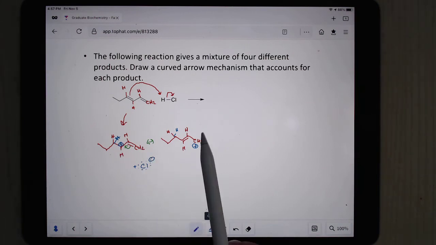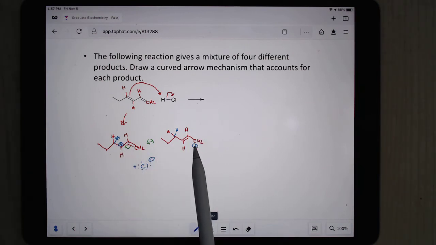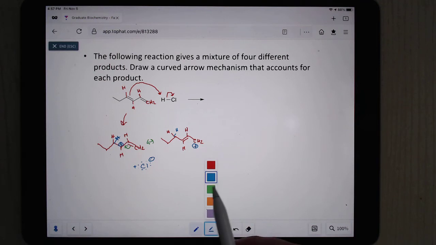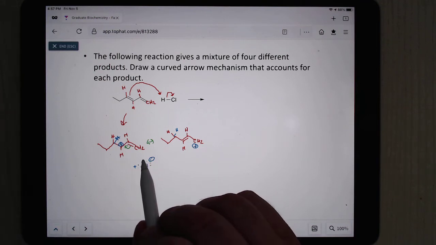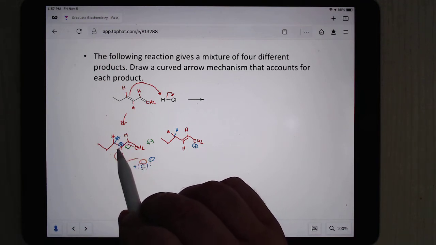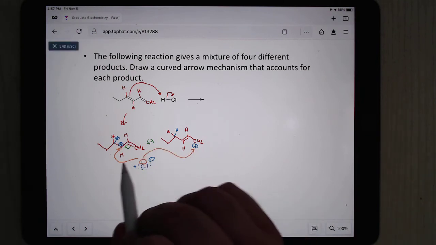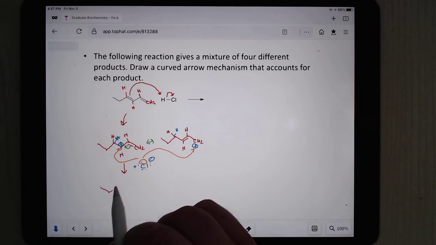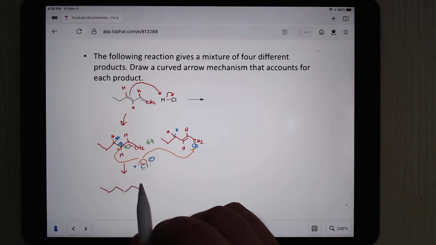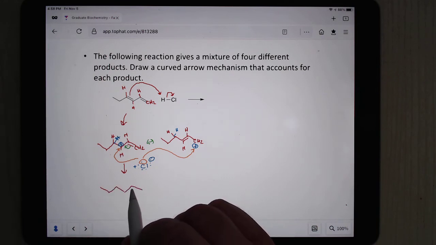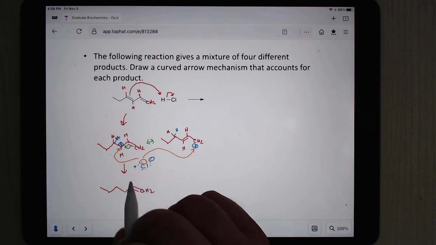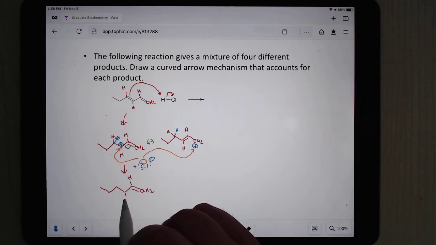And so our chlorine is going to attack wherever it sees a positive charge. Okay? And so it's going to either attack here or it's going to attack there. So for that first one, we're going to make this product. Now you don't have to draw in the hydrogens. I'm doing that just because I think it's easier to see.